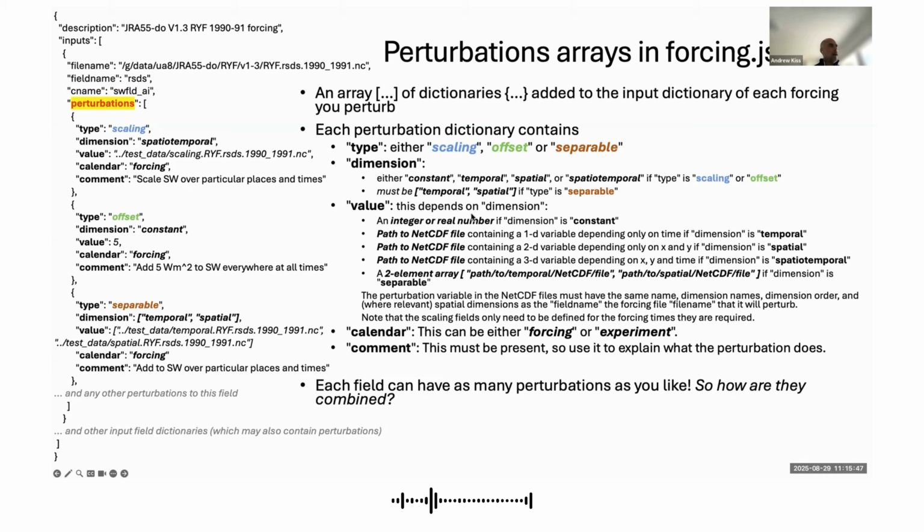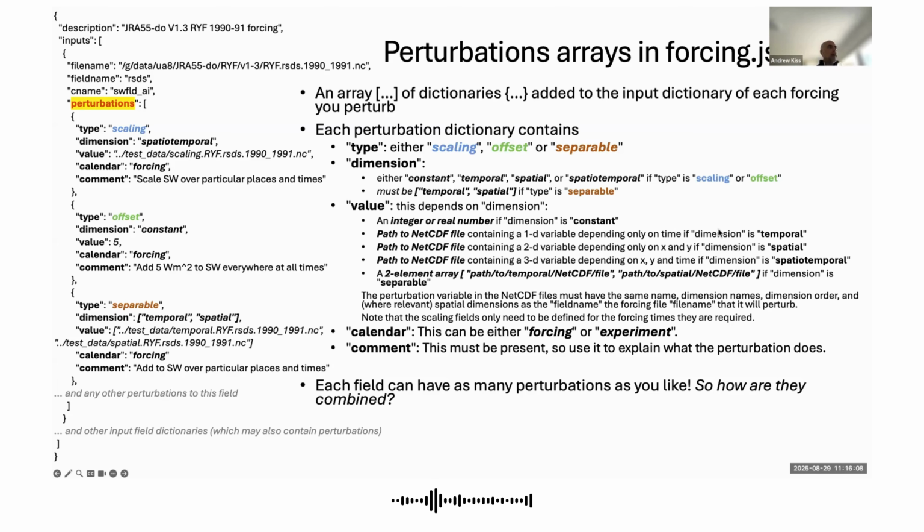What you put there depends on what you've chosen for your dimension. If it's constant, all it requires is a number. So if you just want to double the downgoing shortwave for some reason, you can make a scaling where that number is 2. It's as simple as that.